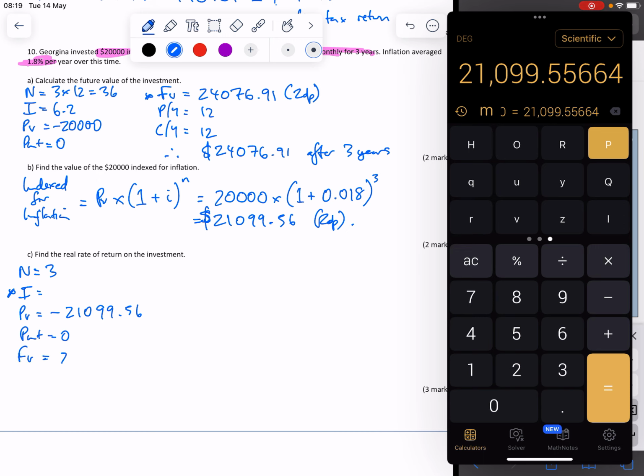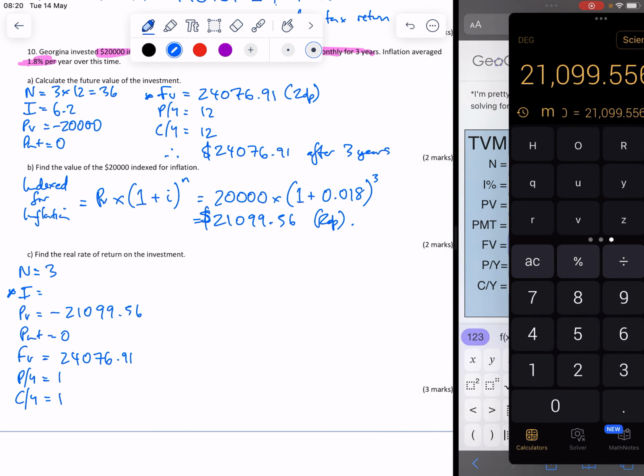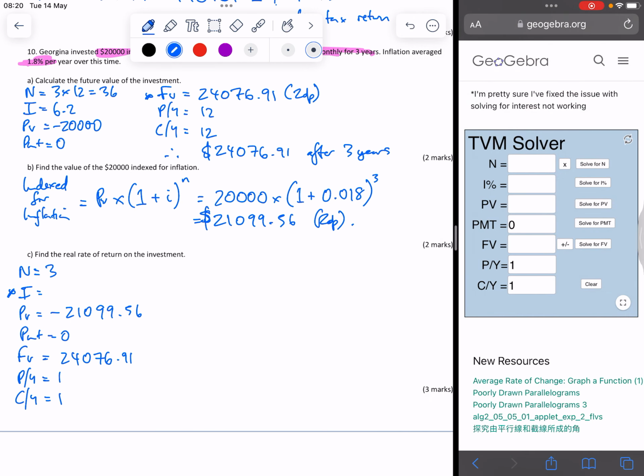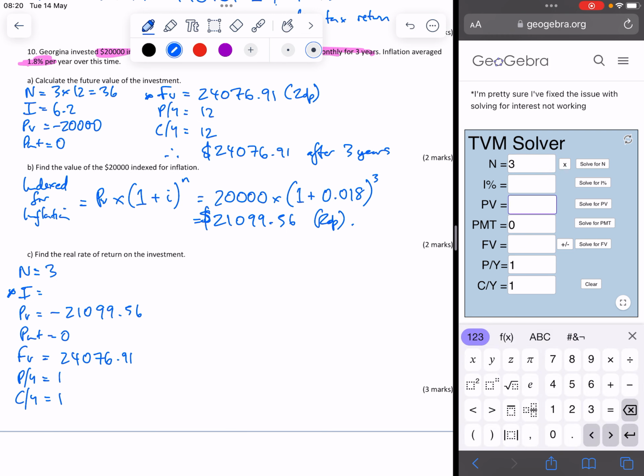PY and CY are both 1. So TVM solver, clear. 3, negative 21,099.56, 24,076.91. Solve for I, we get 4.5.